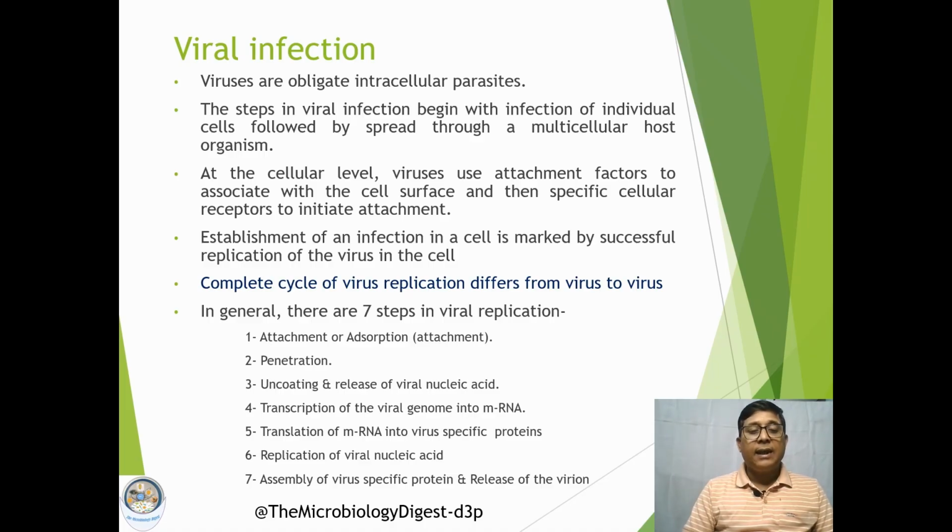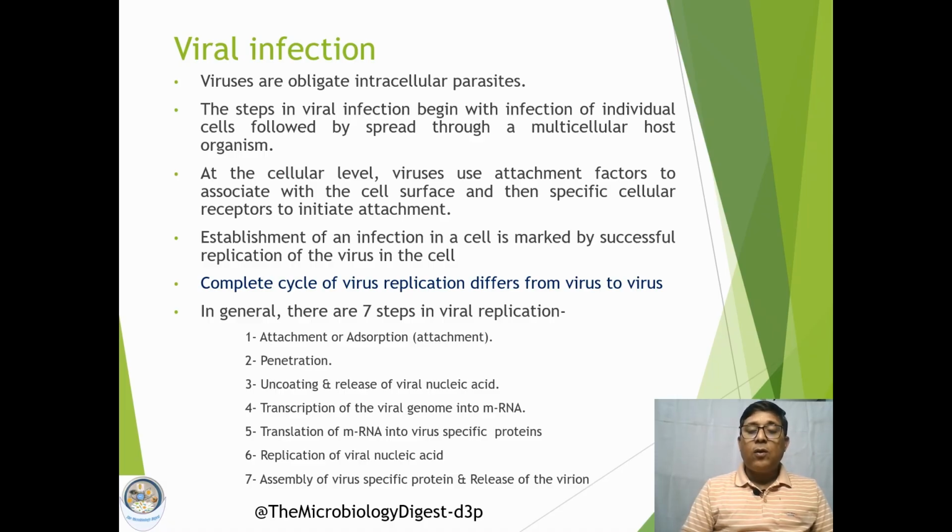When a virus infects a cell, the first step is attachment, meaning the virus has to establish attachment with the cell. In the replication cycle we have discussed, there are 7 different steps.